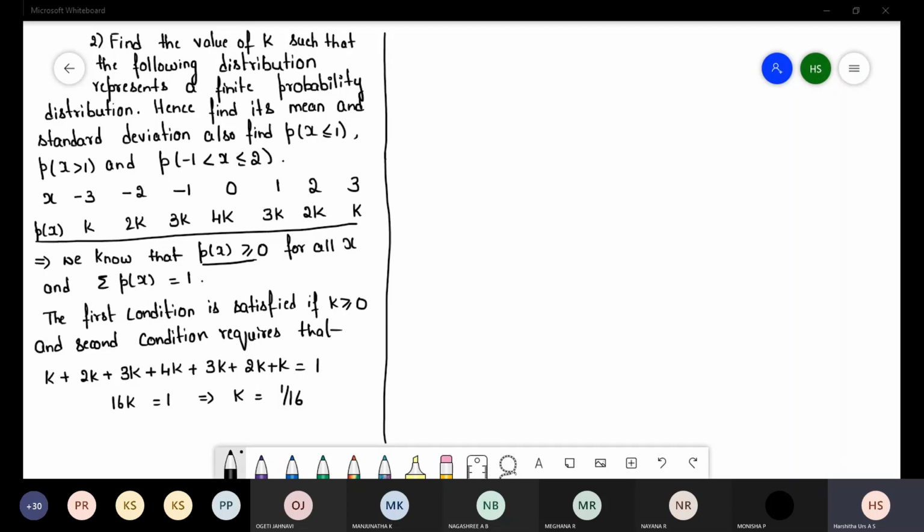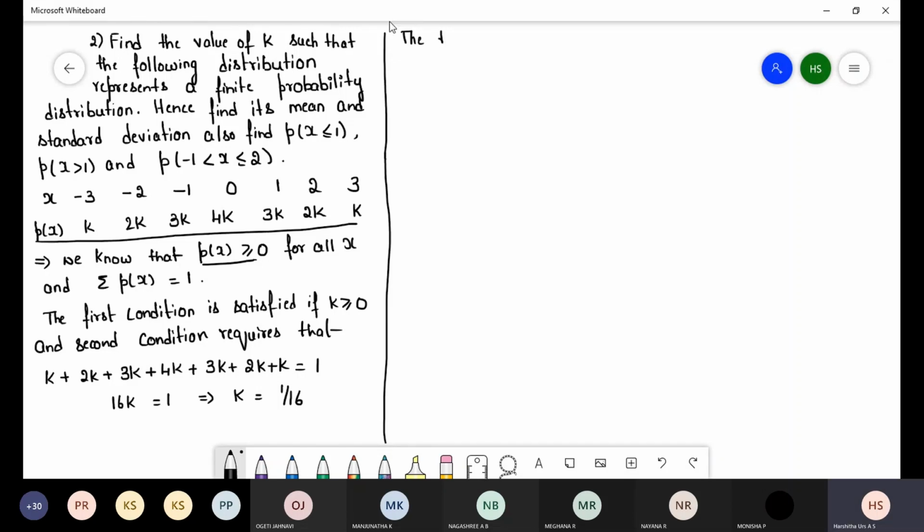So I write the discrete probability distribution. We substitute the value in this table.